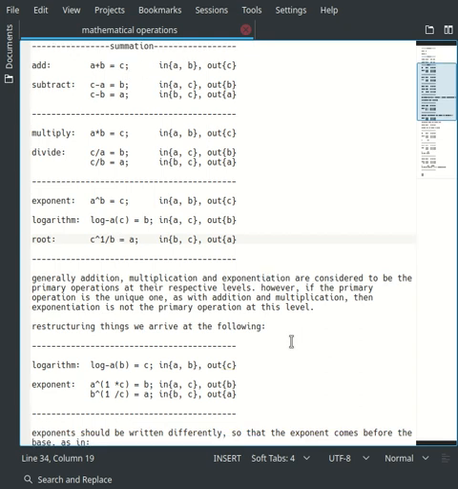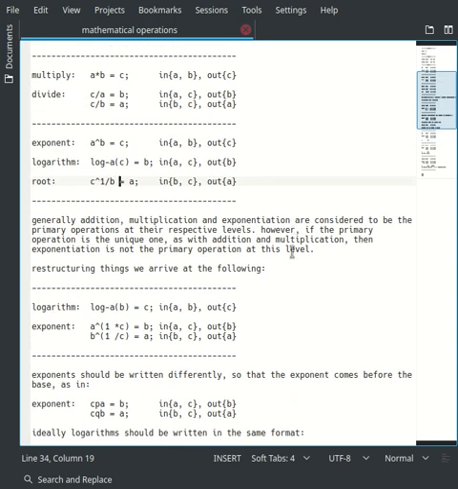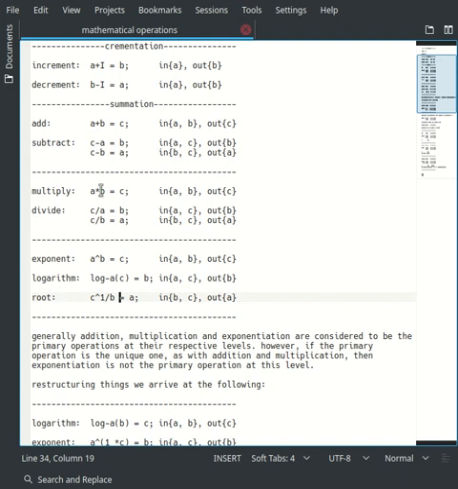Whether you're taking a power or a root, either way, it's an exponent. Now, you might notice that the way these are written is very different from addition, subtraction, multiplication, and division. These are all written in a form that's pretty much identical.